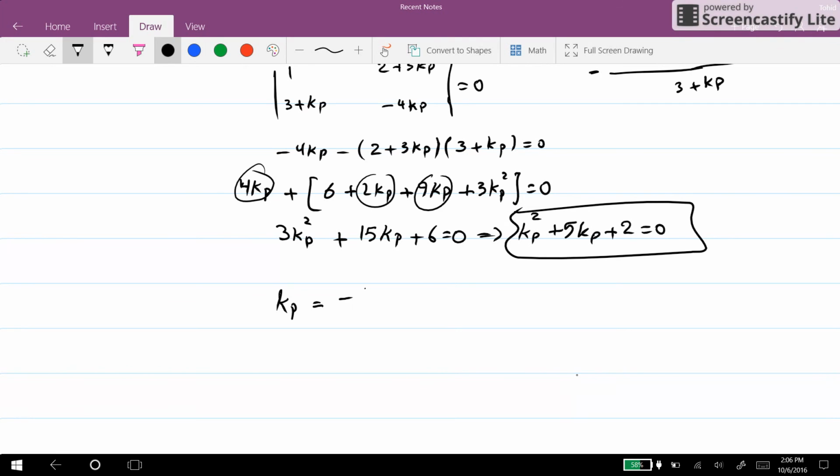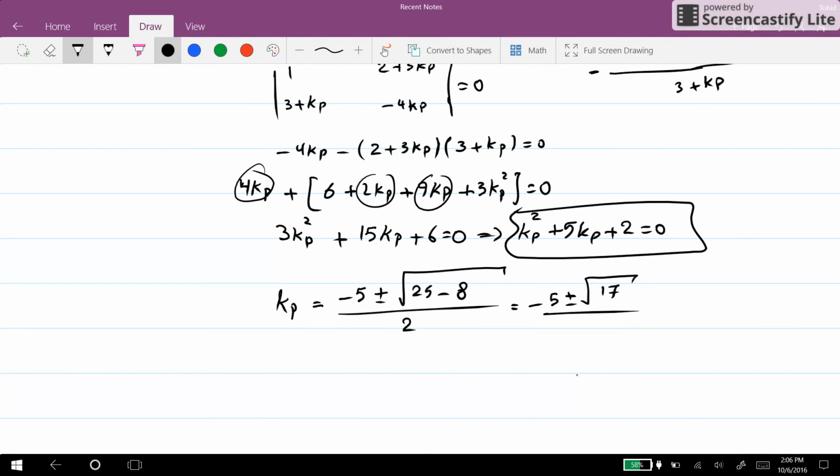We need to find the roots of this second order polynomial. Kp will be equal to minus 5 plus minus square root of 25 minus 4 times 2, over 2, or minus 5 plus minus square root of 17 over 2, for which you can find the answers.